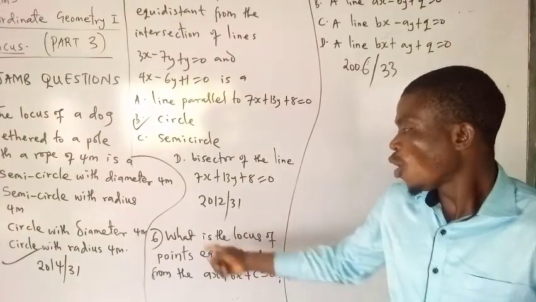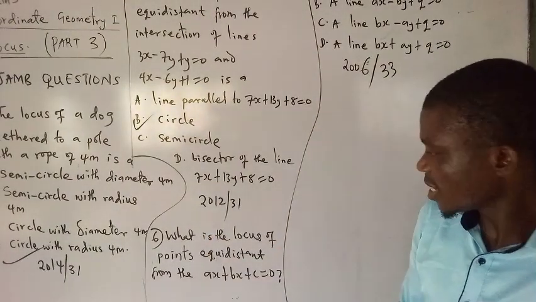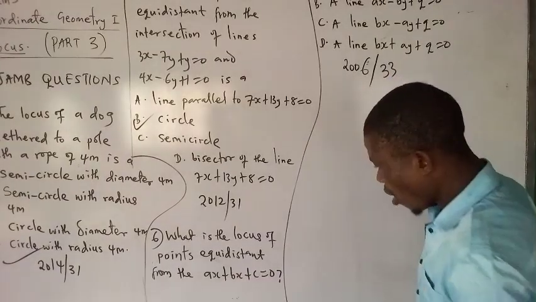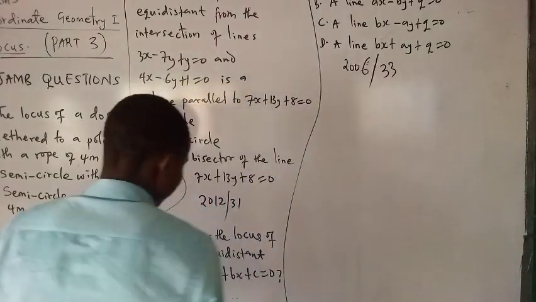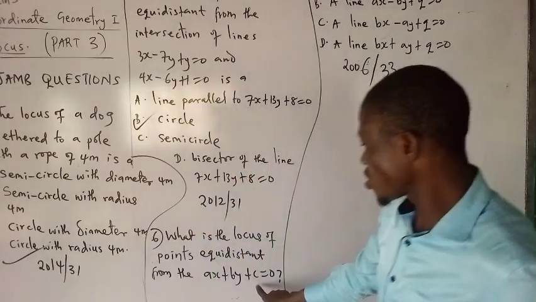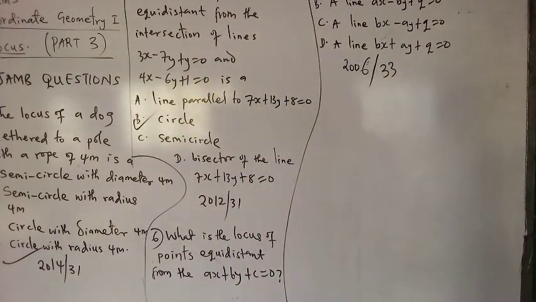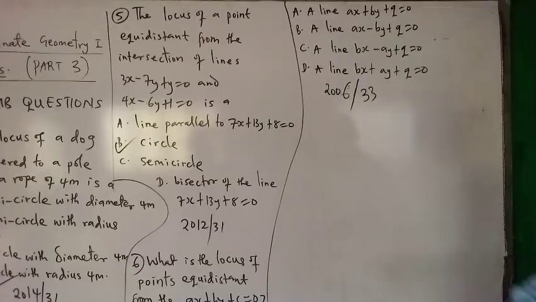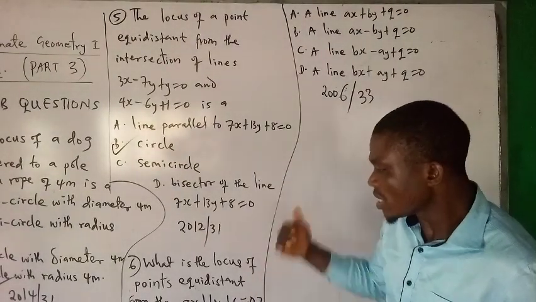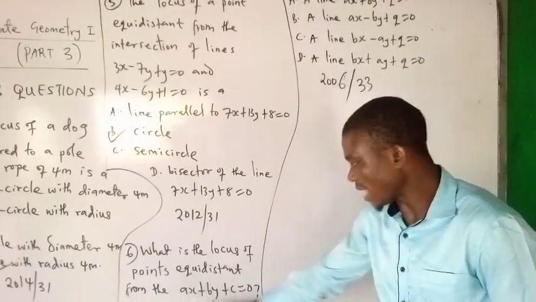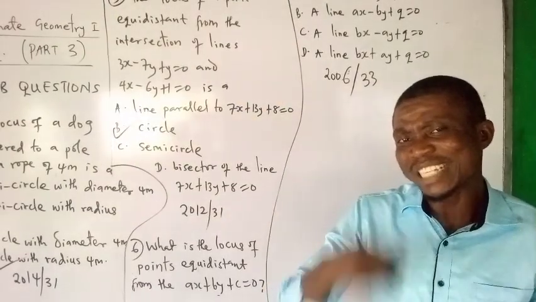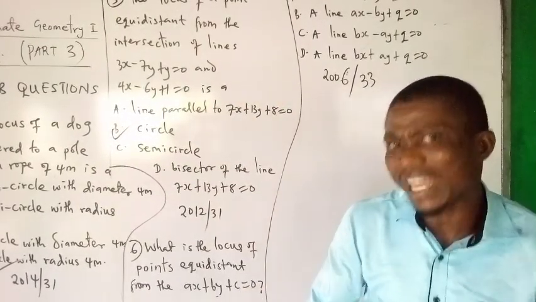Let's solve the next question. What's the locus of points equidistant from the line AX plus BY plus C equal to 0? These are the options. When it's the locus of a point equidistant from one line, I told you from the theory that the locus of points equidistant from a given straight line must be a line parallel to that given line.